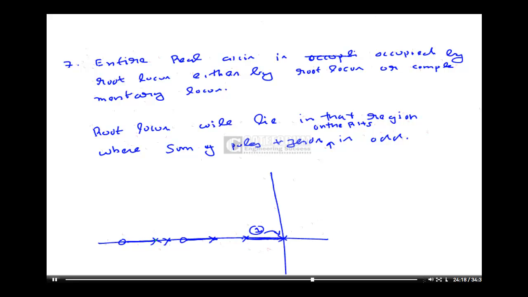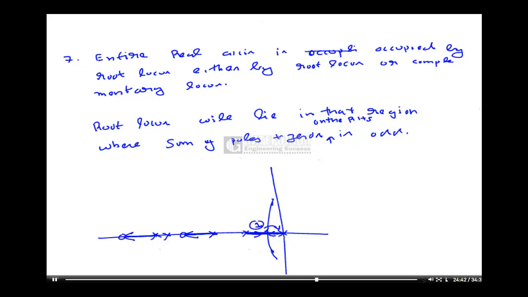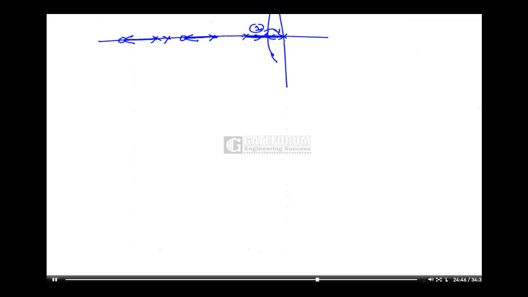So this pole will terminate at this zero, this pole will terminate at this zero, and these two poles will come together and break off. This is the root locus. So the number of poles plus zeros must be odd on the right hand side of the region where we want to find the root locus.